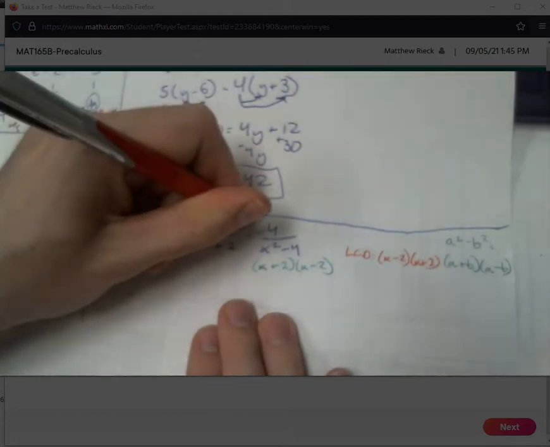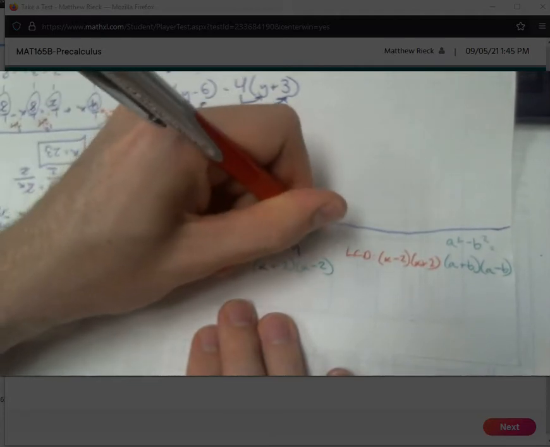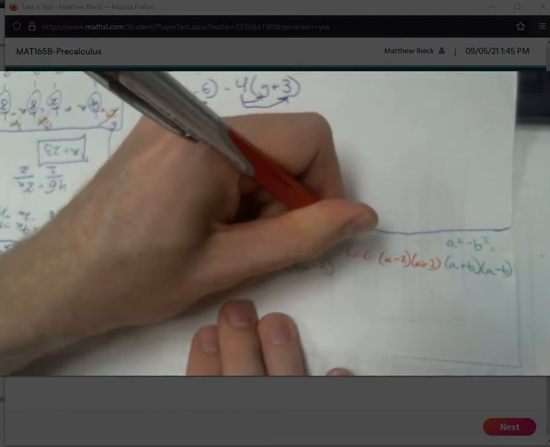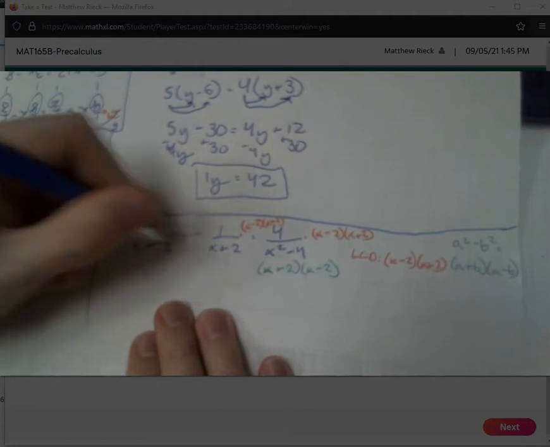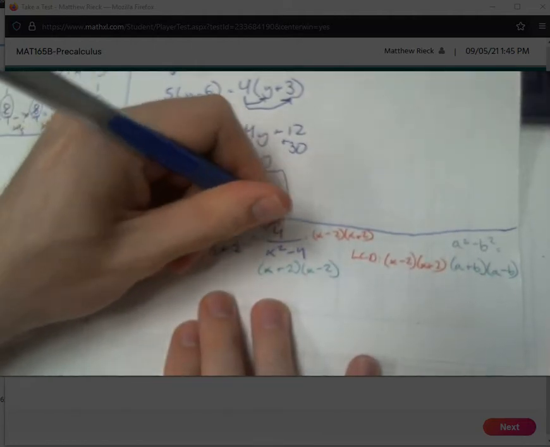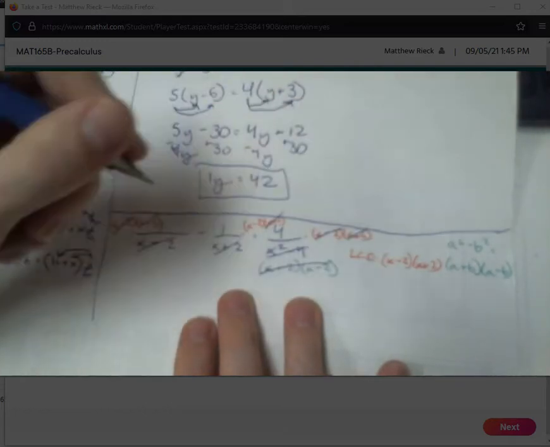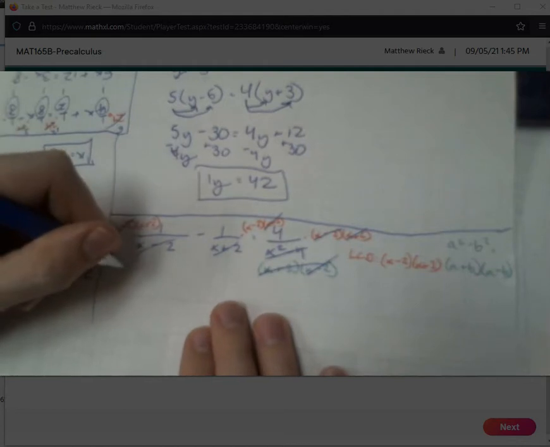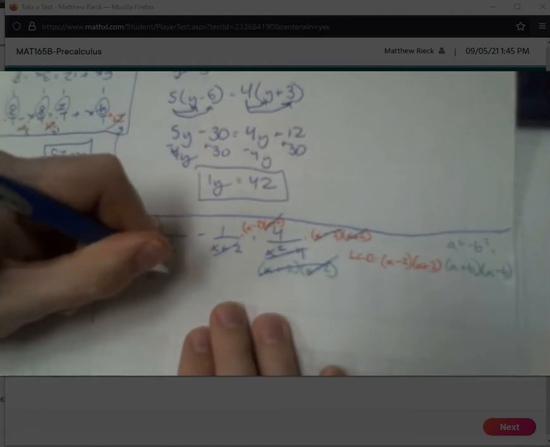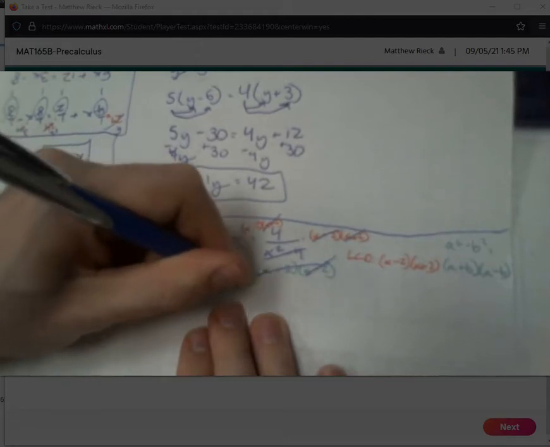Here we have x minus 2, x plus 2. And here we have x minus 2, x plus 2. All right, so here the x minus 2's will cancel. Here the x plus 2's will cancel. And here they both will end up canceling there. All right. So we end up with x plus 2 minus x minus 2 equals 4.